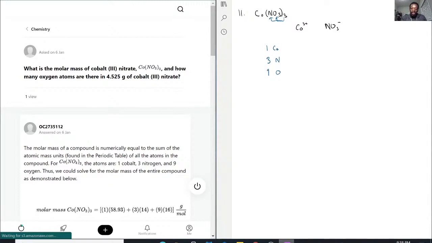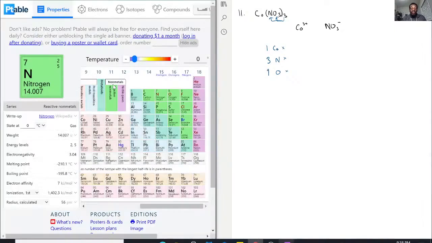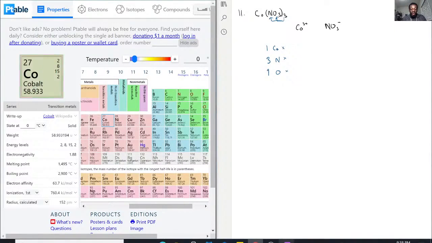Now we refer to the periodic table to see how much each weighs in atomic mass units. Cobalt is element number 27, 58.933. Nitrogen is element number 7, 14.007. And there's 9 oxygens, which each weigh 15.999.